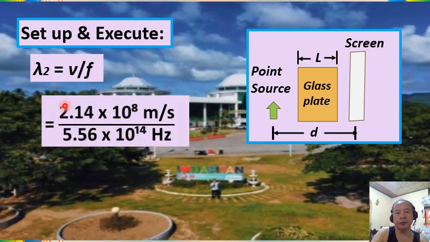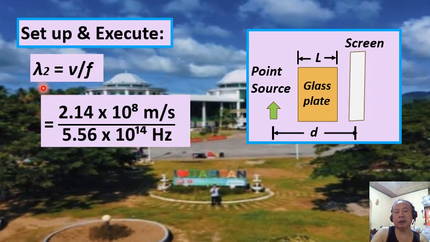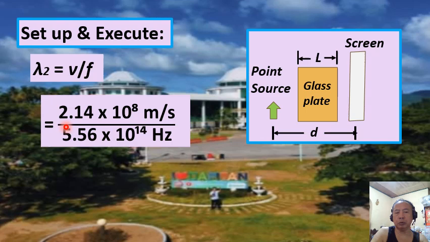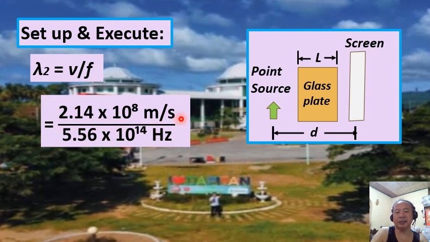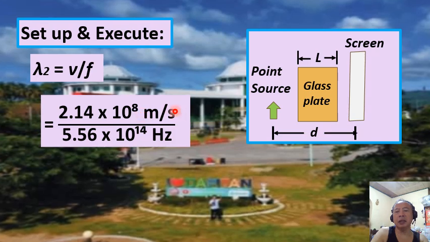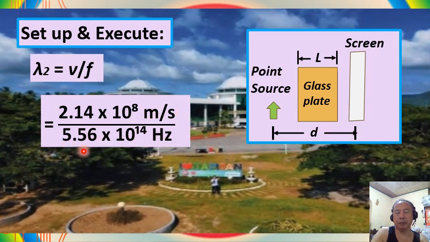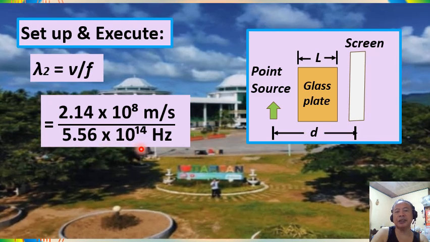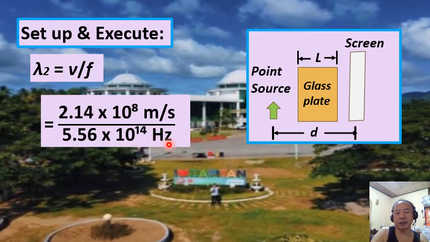Substituting, the wavelength of light, or lambda 2, is equal to 2.14 raised to the 8th power meters per second, that is the speed of light in the glass, divided by 5.56 raised to the 14th power hertz, or per second, right?